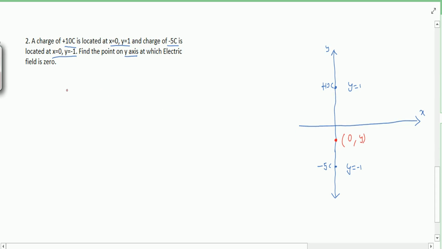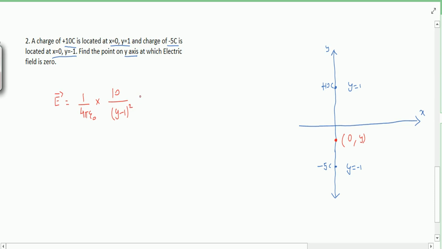It will be 1 by 4 pi epsilon naught into the charge 10 divided by the distance squared. In vector form, it is field location minus source location, so 0 minus 0, the ax component is not required, only the ay component remains: y minus 1, whole square.